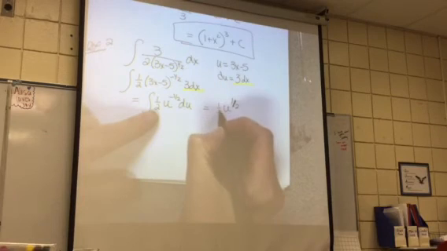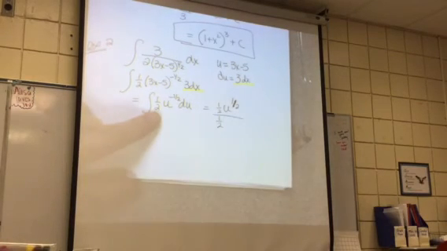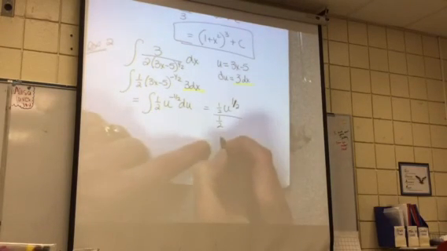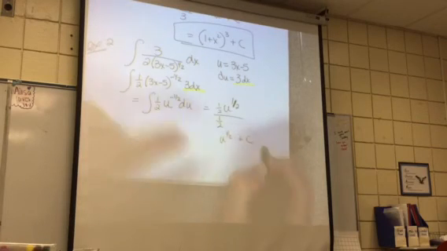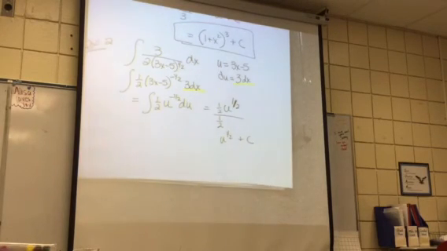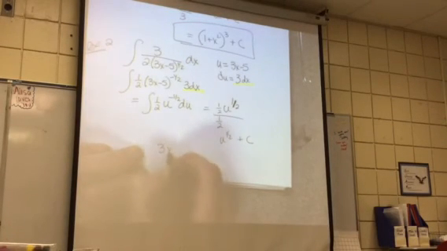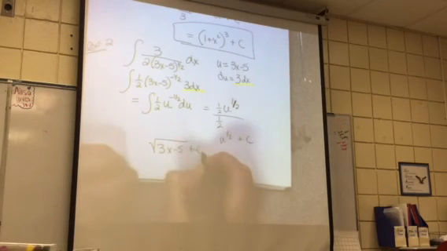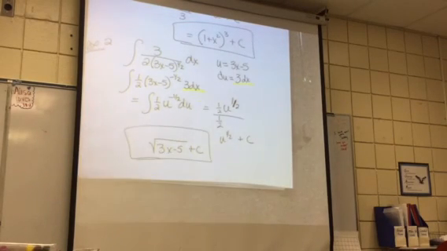I've already got this 1/2 here. Yeah, so it just becomes 1. So that just becomes u to the 1/2, plus c. But don't leave your answer in terms of u. This would be 3x minus 5. You could put it under the radical if you wanted to, or you could leave it with a fractional exponent of 1/2.